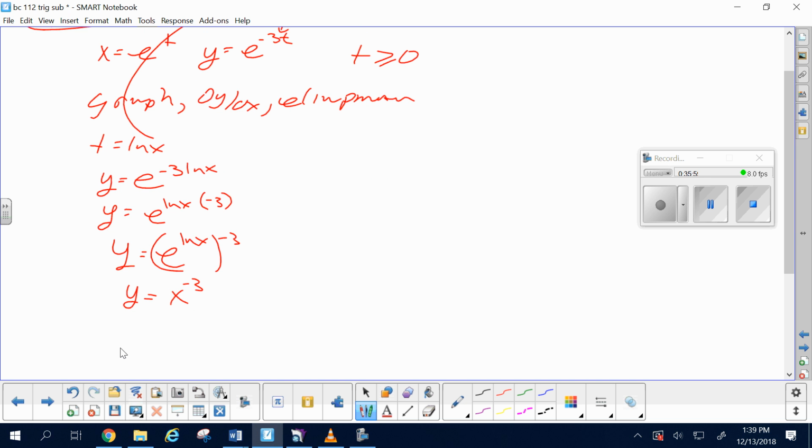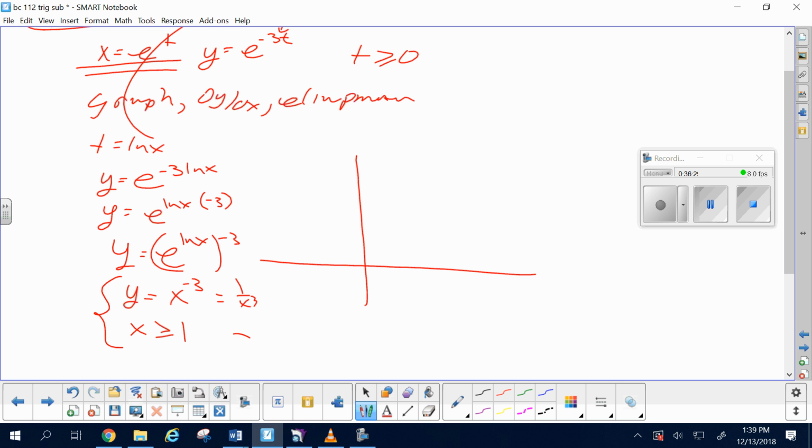What's the domain restriction? If t is only greater than or equal to 0, then x is only greater than or equal to 1. Okay, e to the 0 and more, which means 1 and more. Okay, in terms of graphing, y equals x to the negative third is obviously 1 over x cubed. It has that same shape, same asymptotes.